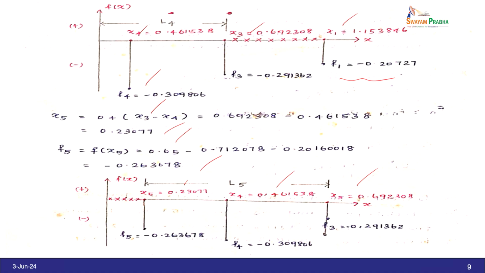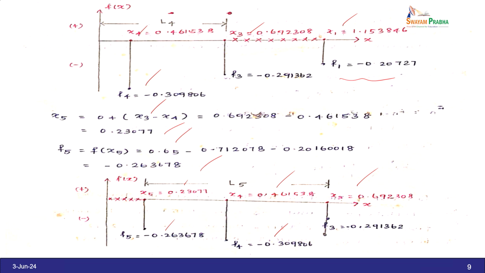Now, the value of f5 you find out is minus 0.26, f4 is minus 0.309 and f3 is minus 0.291. Compare with the f5, f4, f3.